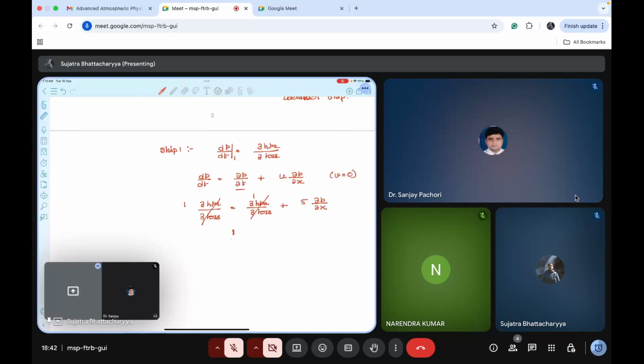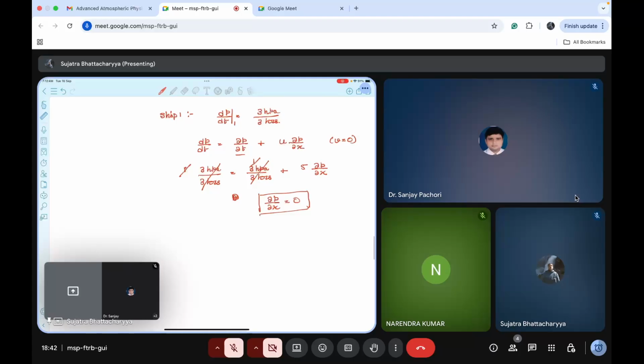So just be careful. Anyway, these two will cancel and it gives you ∂P/∂x equal to 0, because they are the same, right? So ∂P/∂x will be 0.